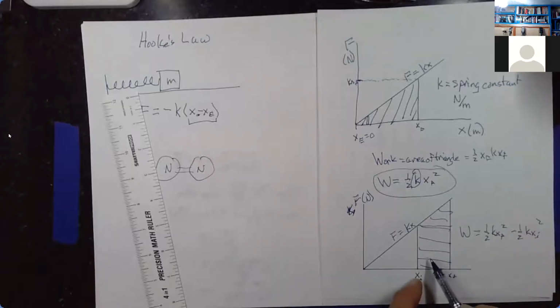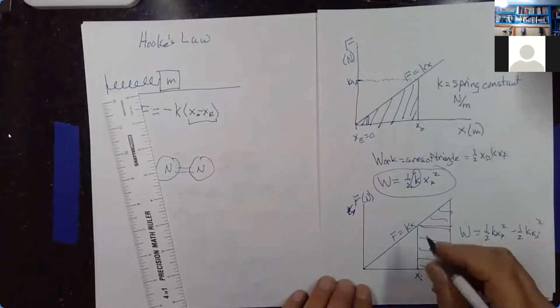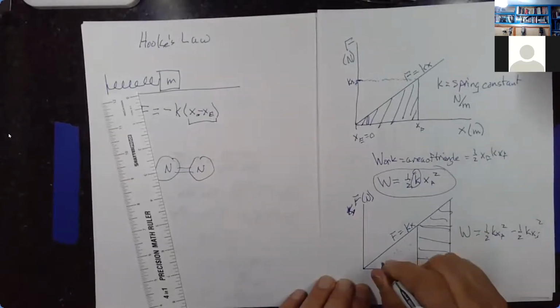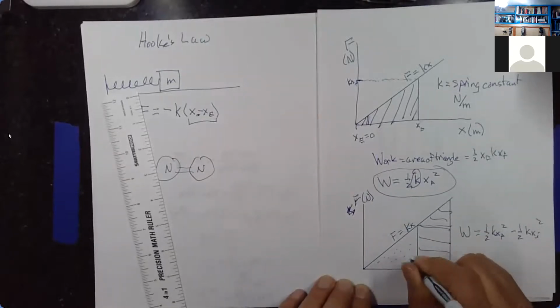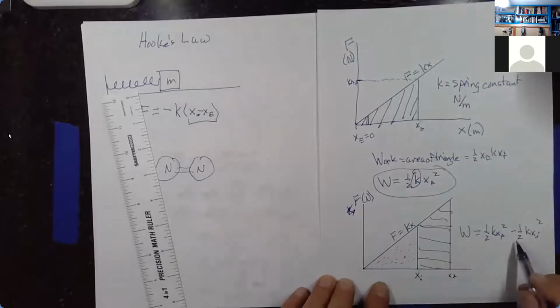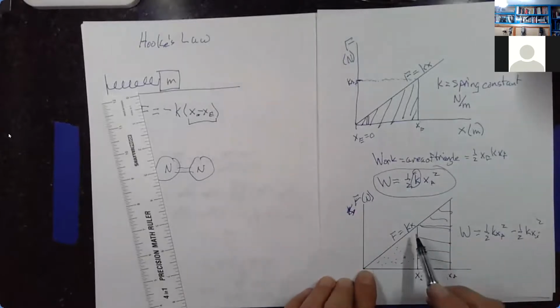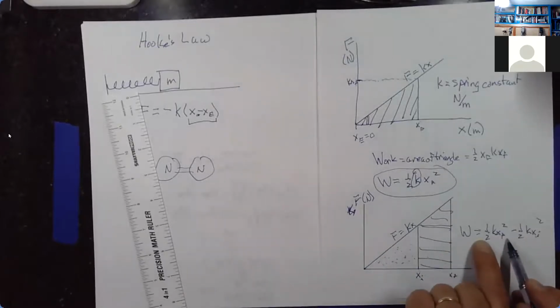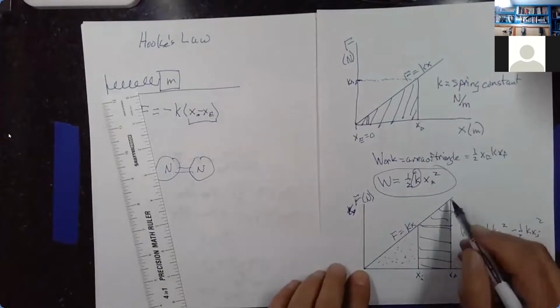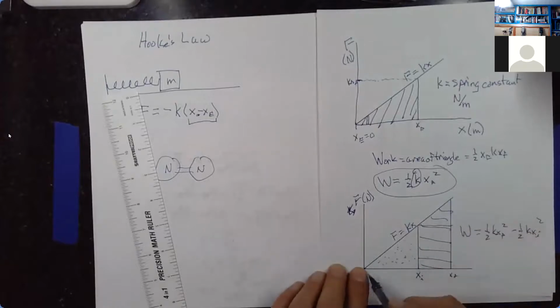Now, the 1/2 kx initial squared would be, I could make dots here. This part is going to be this little triangle here. This part would be this entire big triangle here.